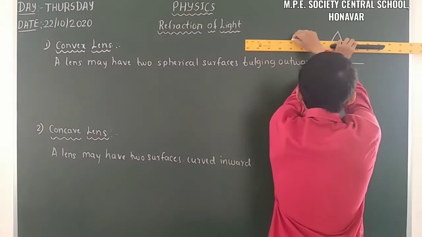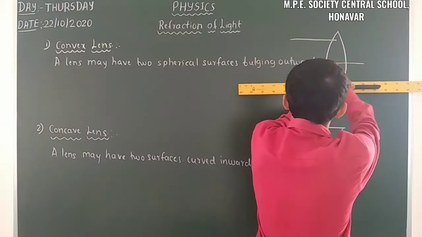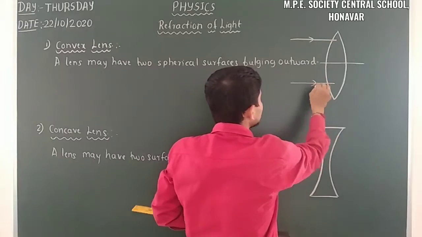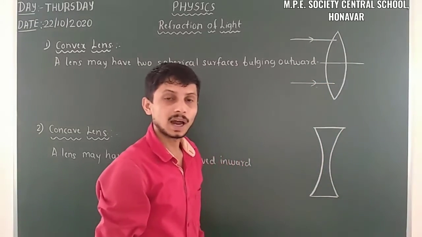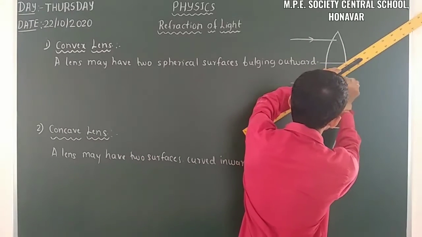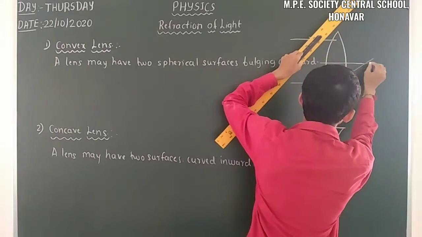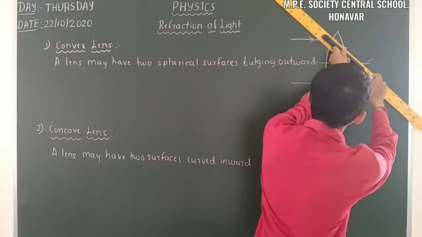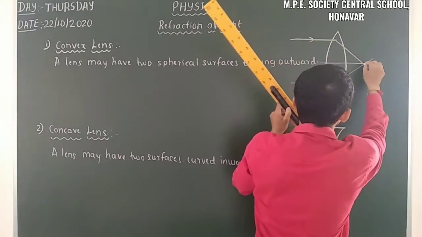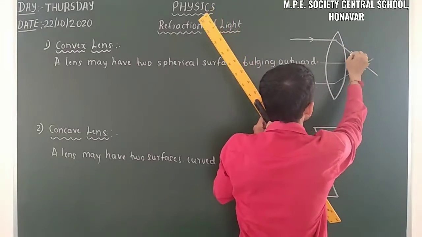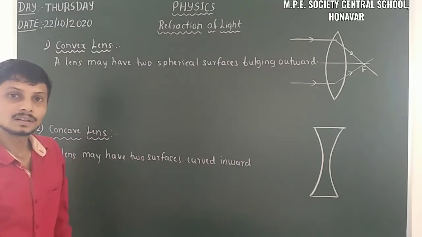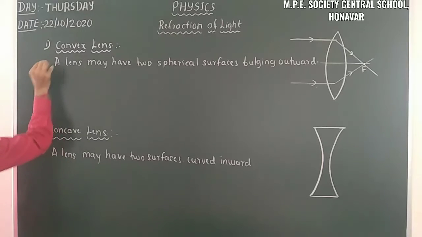When a ray passes like this, parallel to the principal axis, after refraction it meets at a point on the principal axis. That point we call the principal focus. Just like this. That is the first point.